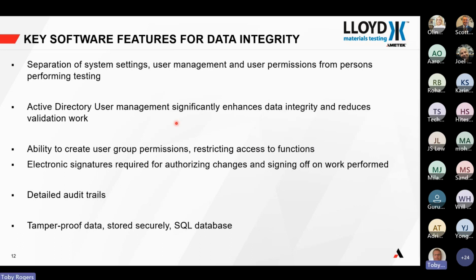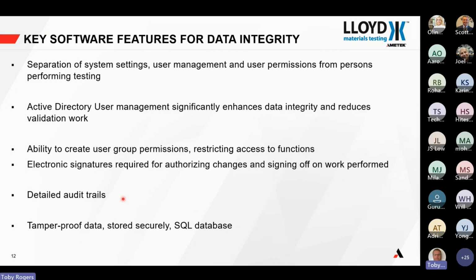We need the ability also to create group permissions to users and restrict access to functions. And it's critical that we have electronic signatures. We're trying to replace paper records, and we need secure electronic signatures for authorizing changes and signing off on work that's been performed.